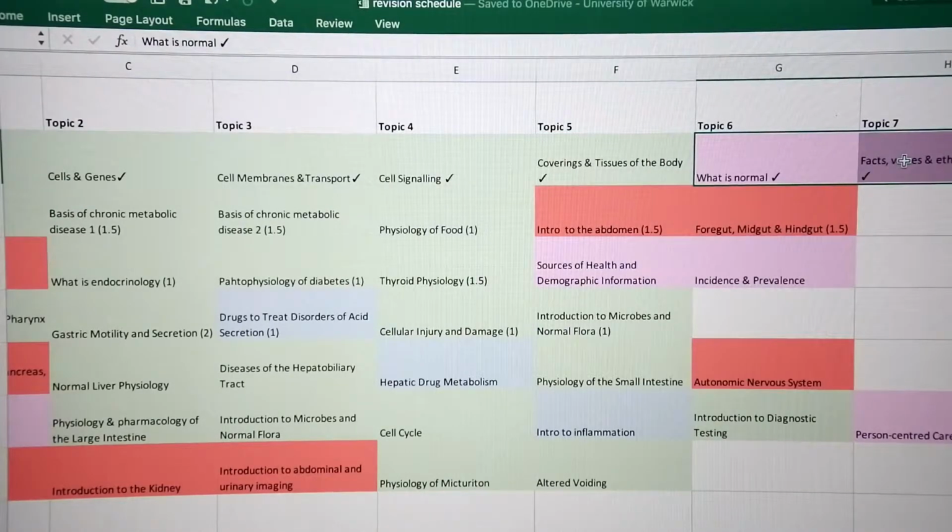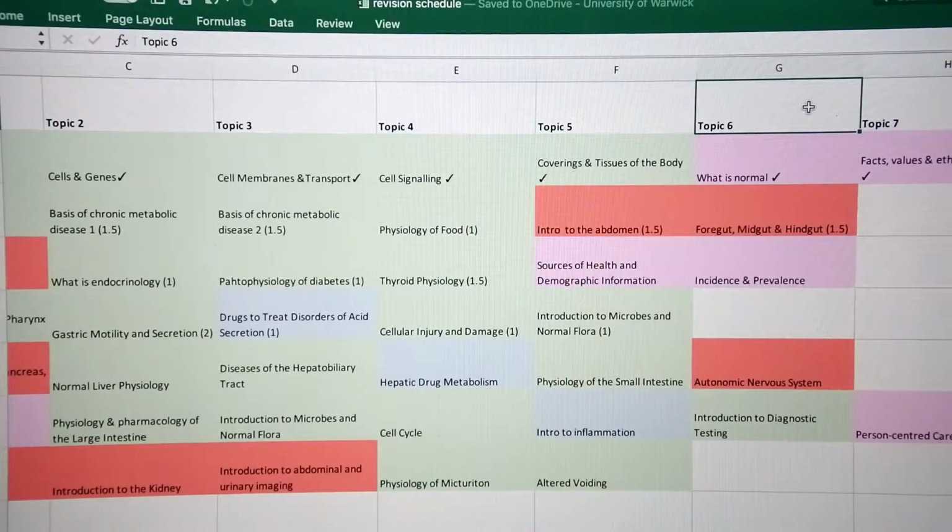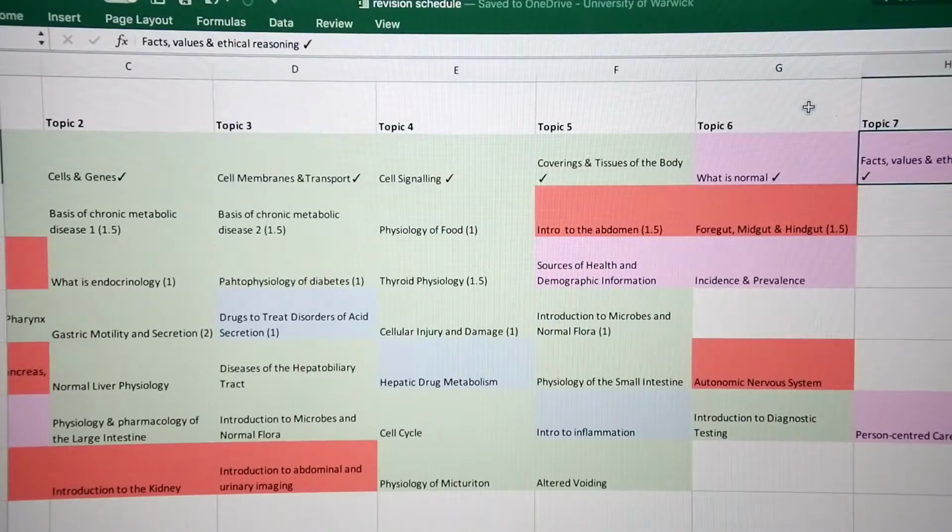You can also see I've got 2 pink topics. Just for the purposes of this, I'm going to refer to Sock Pop and VLE together as pink topics or pink stuff. There is a reason why it's called pink stuff, but I shan't go into it here. I've also got 2 of those here as well.